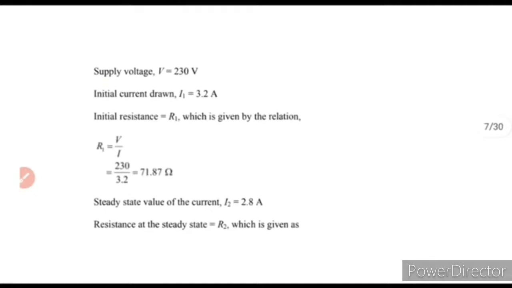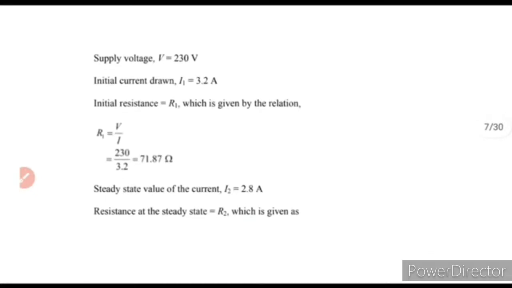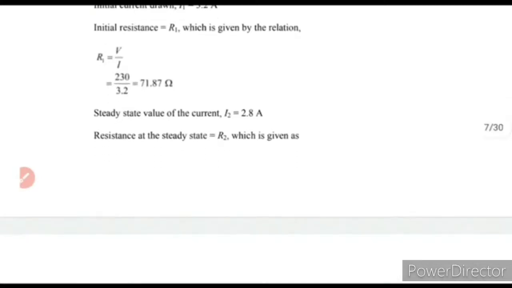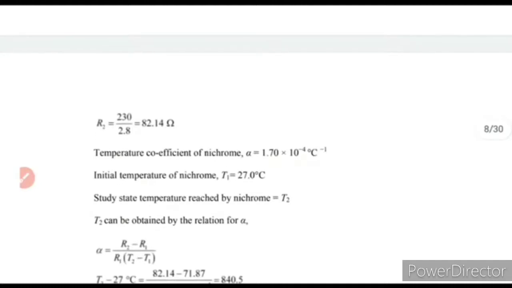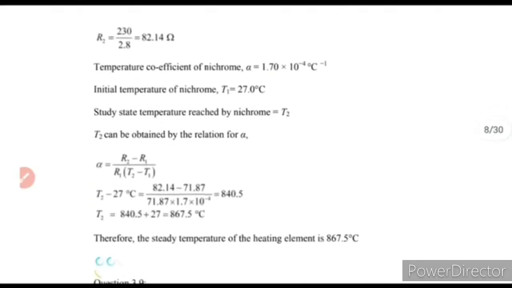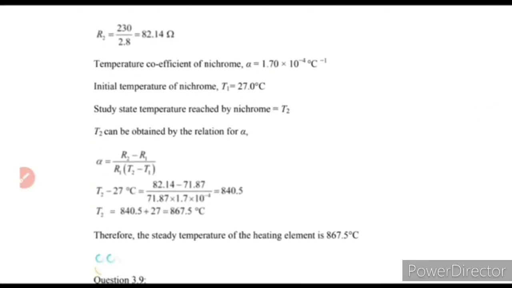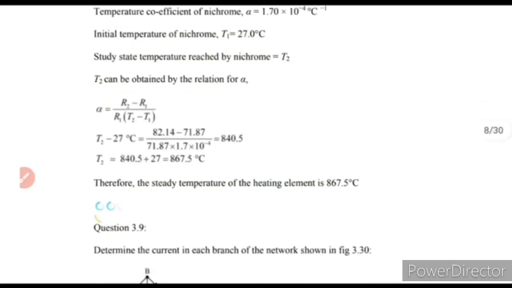So R1 or R0 is 71.87 and R2 is 82.14. Then you just substitute in that expression for the other temperature. You will get T2 minus T1, or T minus T0, as 840.5, and T2 as 867.5 degrees Celsius.